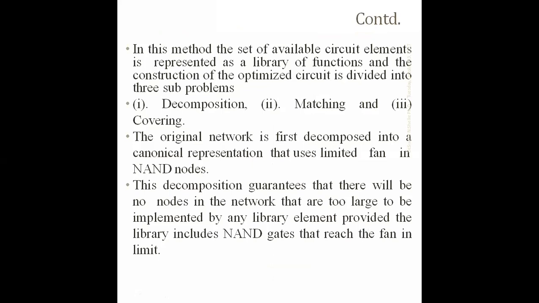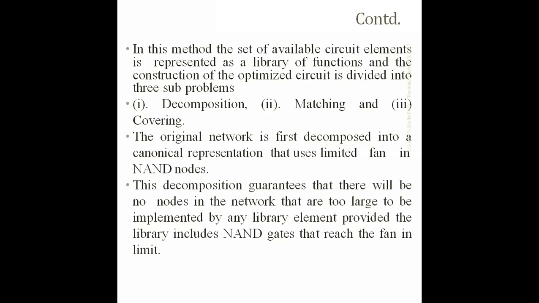Now, in most of these methods, the set of available circuit elements is represented as a library of functions, and the construction of the optimized circuit is divided into 3 sub-problems: decomposition, matching, and covering. The original network is first decomposed into a canonical representation.